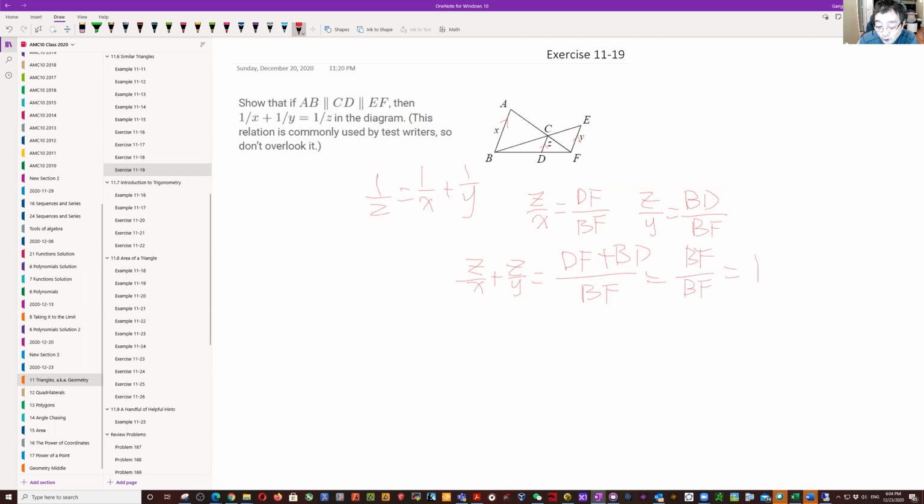So then I'm going to divide Z on both sides, and I will get this.